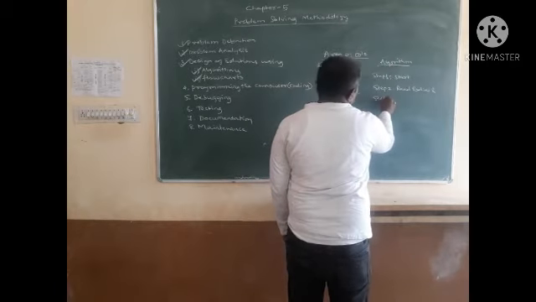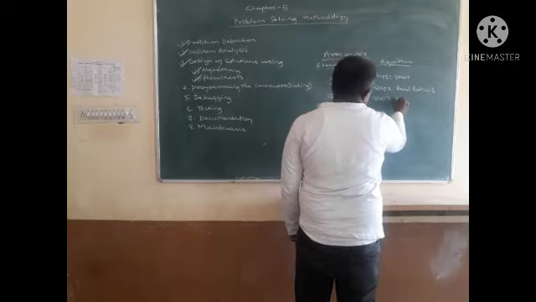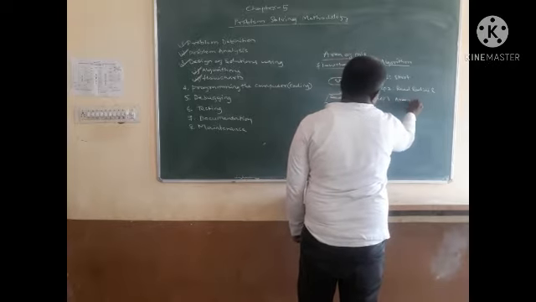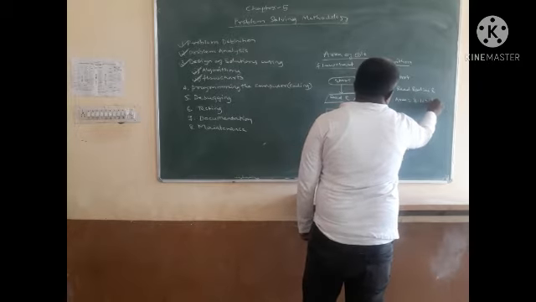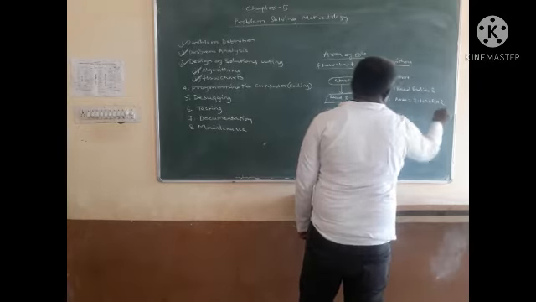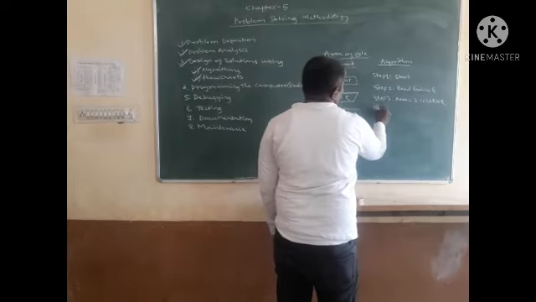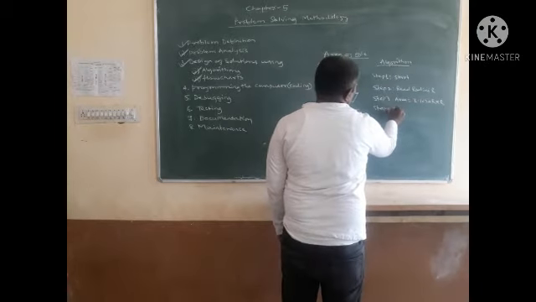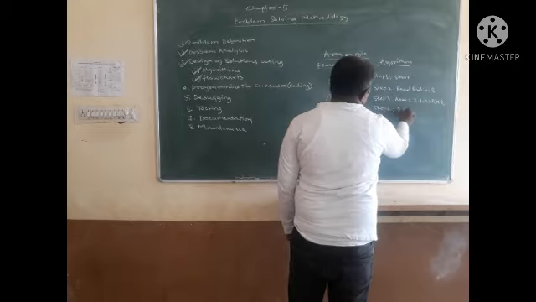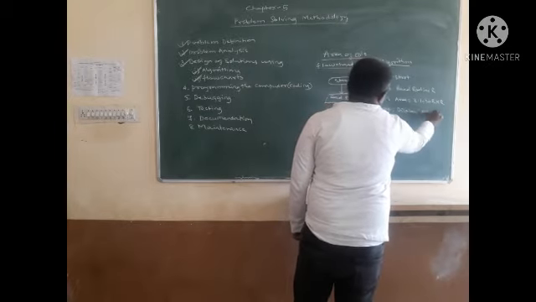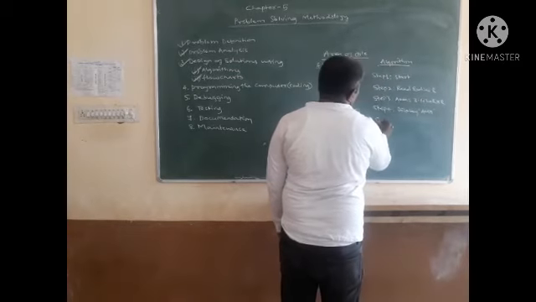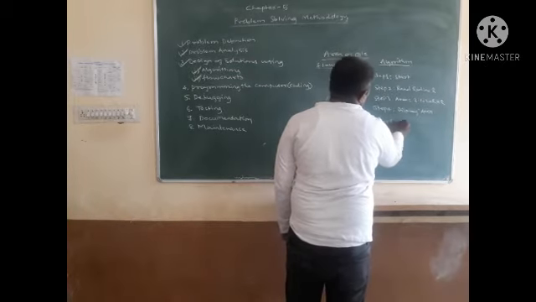Then in step 3, we calculate the area is equal to 3.142 into r into r. In step 4, we display or print the area, and in step 5 we stop.